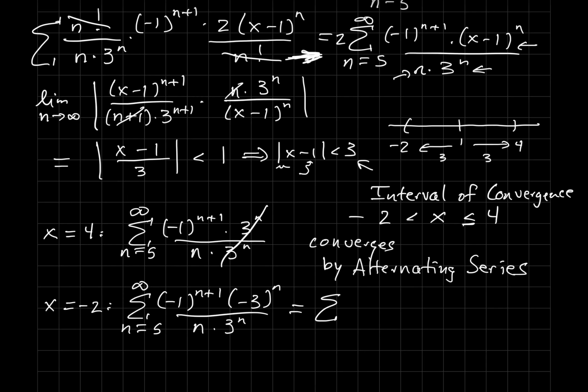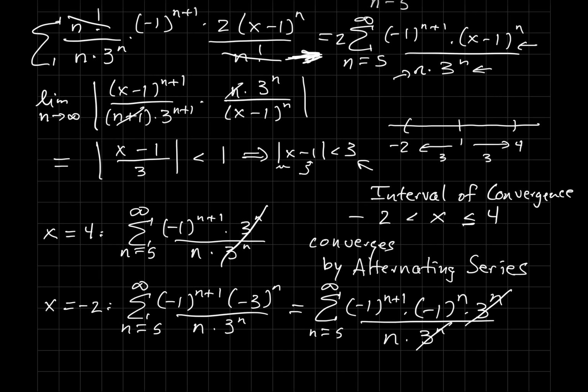Rewriting this one, we get n equals 5 to infinity of negative 1 to the n plus 1 times negative 1 to the n times 3 to the n over n times 3 to the n. My 3 to the n's cancel. I have 1 over n basically, which will converge if it alternates. Because 1 over n diverges by p series, but it will converge if it alternates.